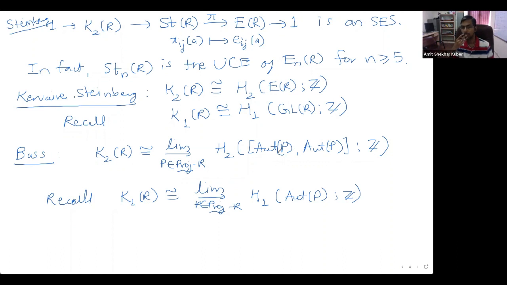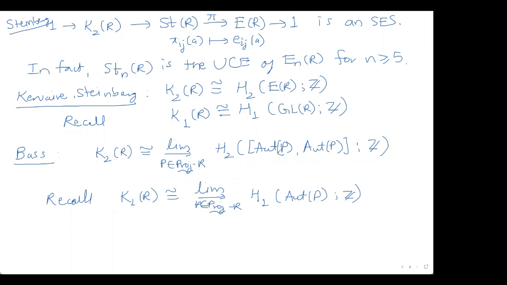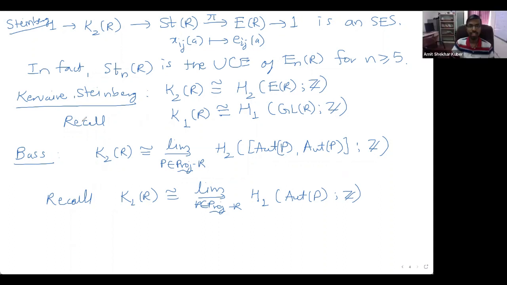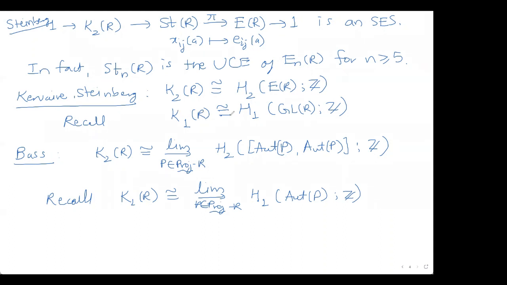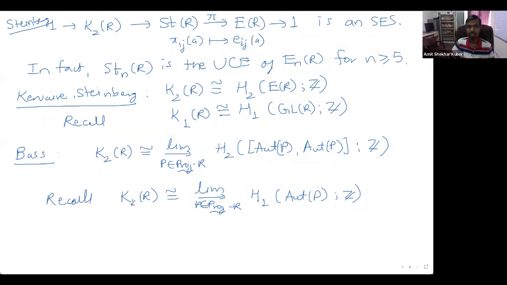Okay, so you wrote recall K2 of R, so I was confused. Did we see this last time? No. This recall is for this line, and recall is also for K1 of R. This was for K1 of R, and this is for K2 of R. Yes, I wanted to compare.